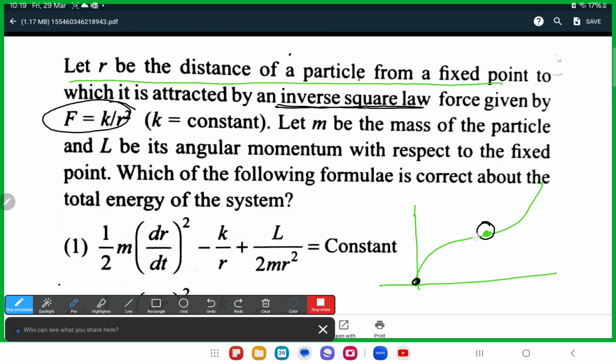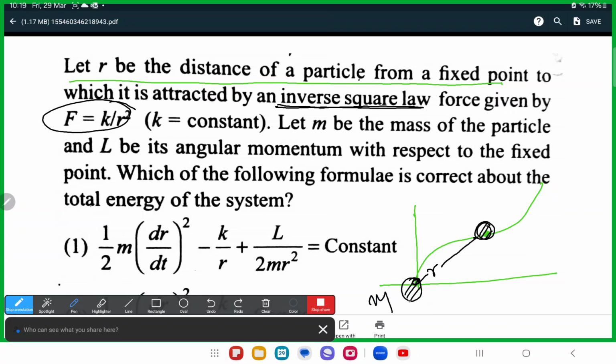So let's take this mass particle that is situated at a distance r. Clear? And of course, the second particle should be at the origin. Get the language of the question properly. Let r be the distance of a particle from the fixed point, to which it is attracted by the inverse square law.